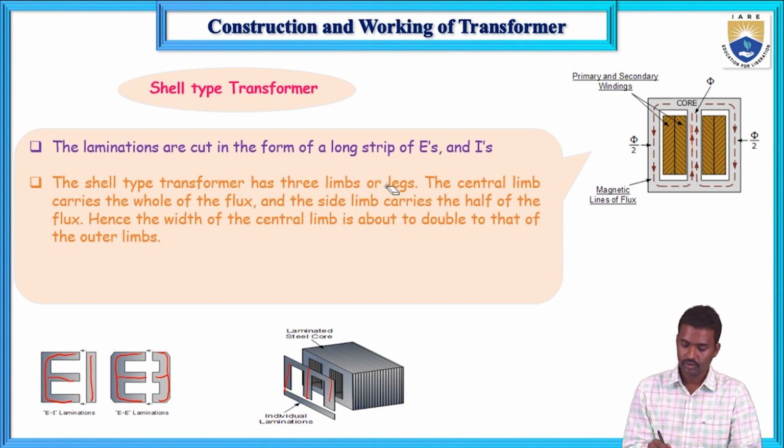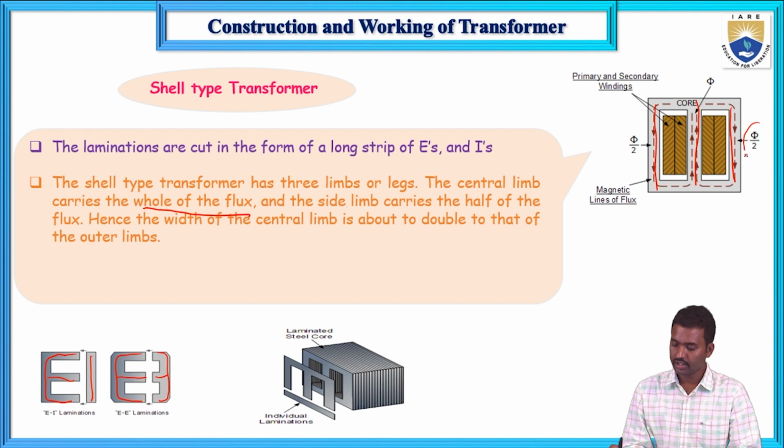See this diagram: this is the central limb, and these two are outer limbs. The central limb carries the whole flux, that is φ, and the side limbs carry half of the flux, φ/2.